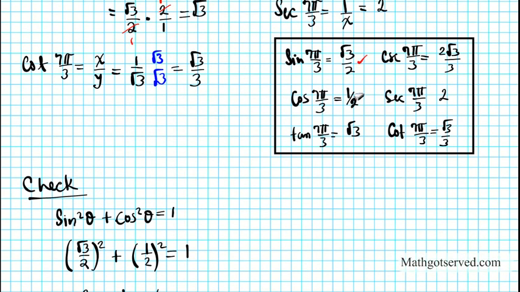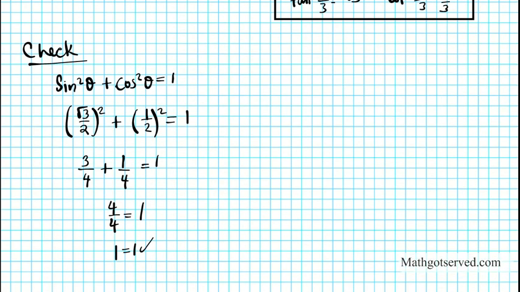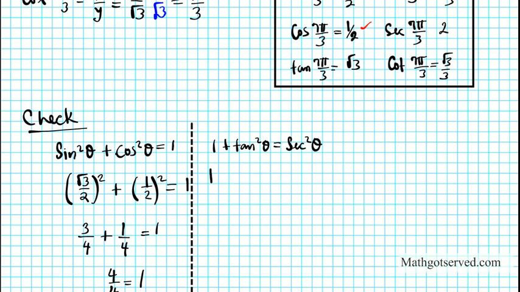Now let's use the next Pythagorean identity to verify if another pair are accurate. The one I'm going to use now is 1 plus tan squared theta equals secant squared theta. The question is, do I plug in tan and secant and get a true statement? So tan is root 3, so 1 plus tan squared theta is root 3 squared.